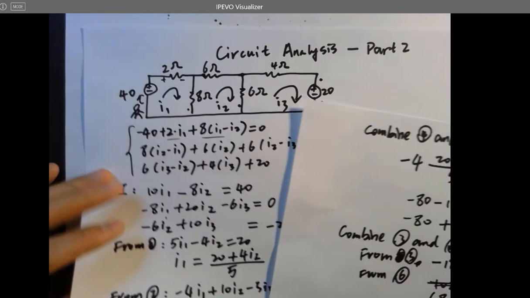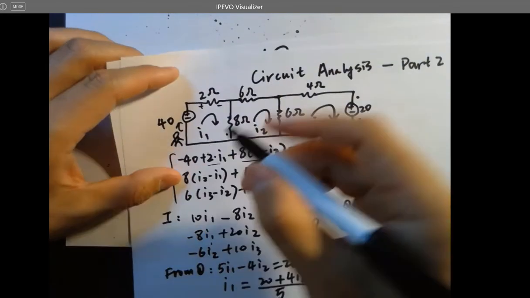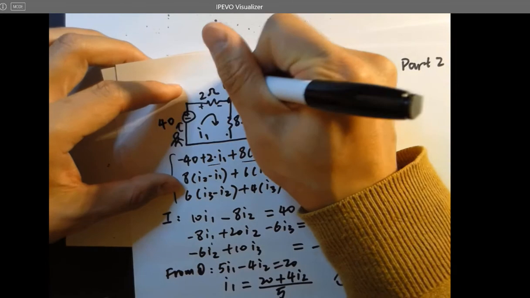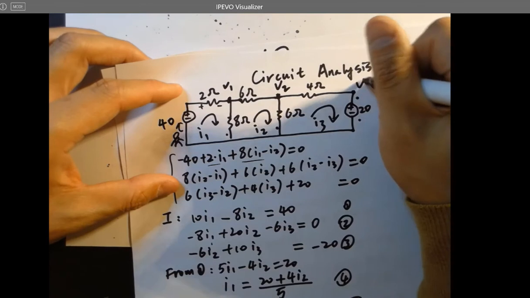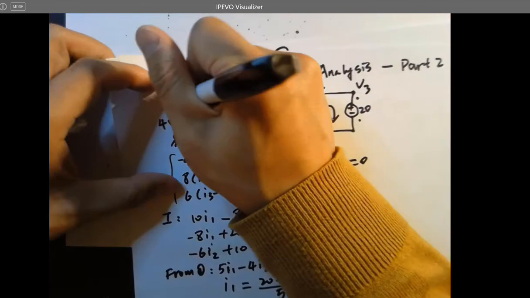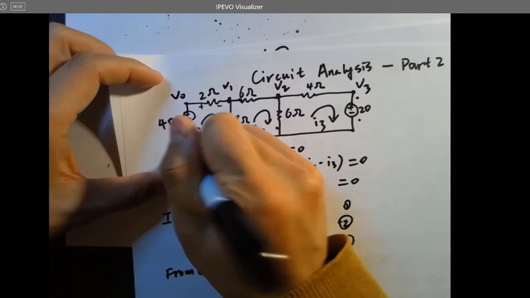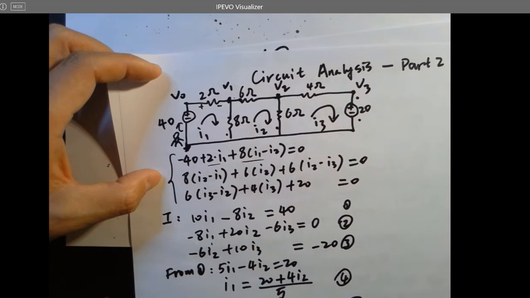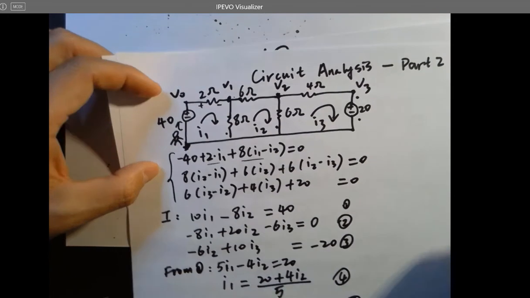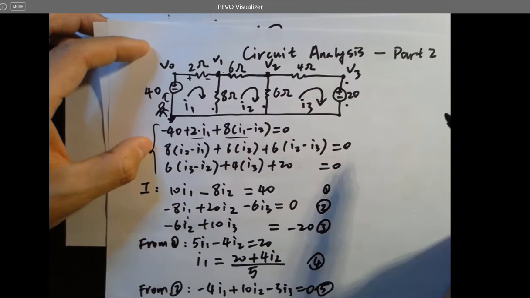voltages at every node. So let's name the nodes, for example, V1, V2, V3 is pretty simple, and let's call this V0. And this is ground, so this is 0 volts all the time, no problem. So you only have 4 different voltage nodes, and several currents as well.